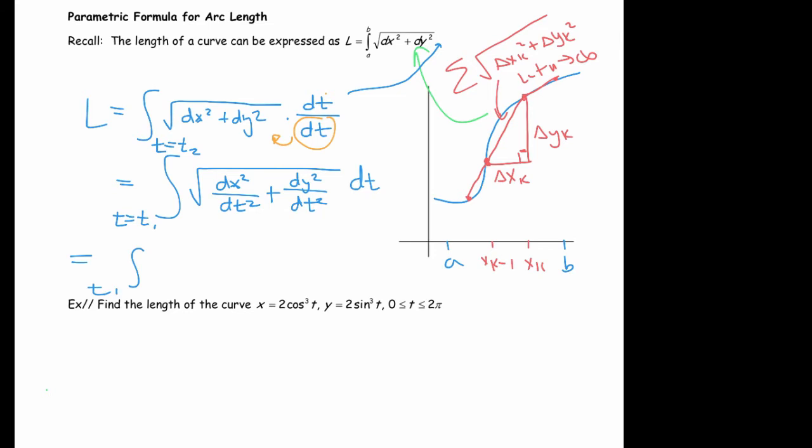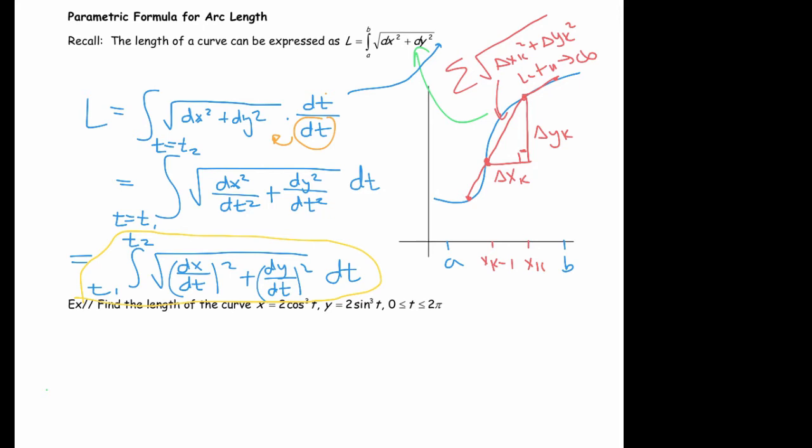So this is the integral from t1 to t2 of the square root of dx/dt quantity squared plus dy/dt quantity squared. And now we've got a nice usable formula. This one's probably easier to remember than the other one. That is the formula for length of a curve in parametric.